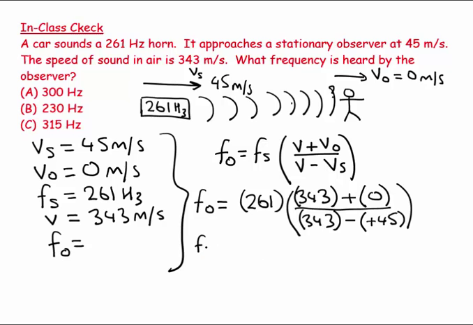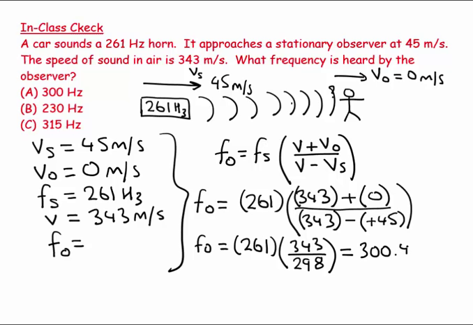So the frequency of the observer is equal to 261 times 343 over 298. When I put this into my calculator, I get 300.41 Hertz, which is basically 300 Hertz.